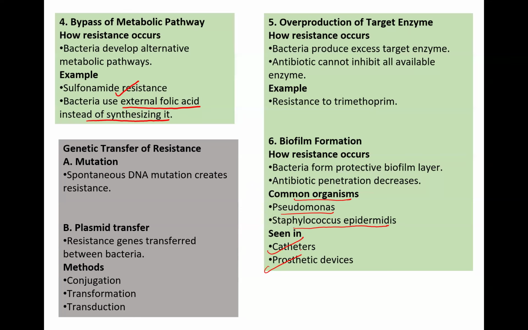Next is plasmid transfer. Resistance genes are transferred between bacteria. Three different methods are there, just know them: conjugation, transformation, and transduction. They are the different mechanisms of plasmid transfer between bacteria which can cause resistance.